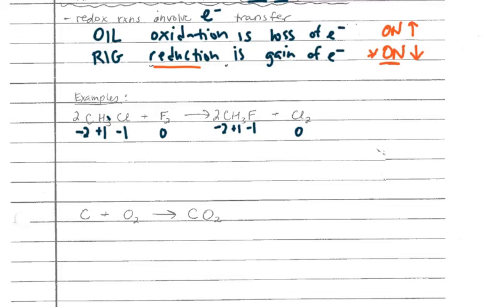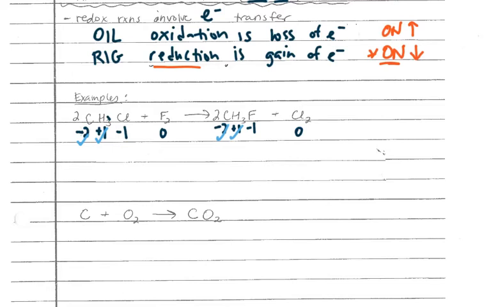Okay, so if we look here at the ones that are changing, carbon is -2 and -2, so it is not involved in this transfer of electrons. And hydrogen doesn't change either. Its charge is the same on both sides. So the ones that change are chlorine and fluorine.